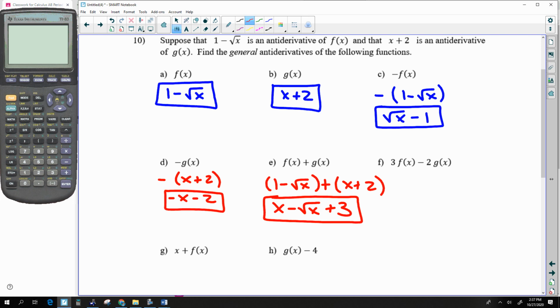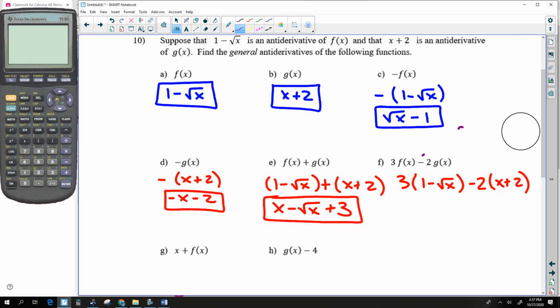All right, so here this is kind of a combination of above. So 3f minus 2g. Okay, so what this is trying to teach you is that the integral of 3f is the same thing as saying 3 times the integral of f.